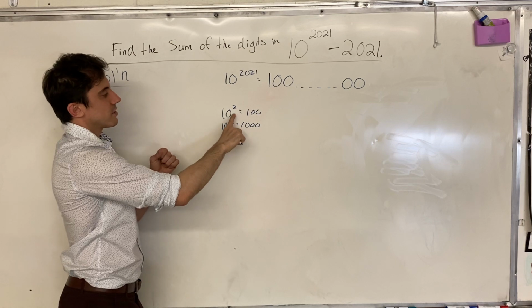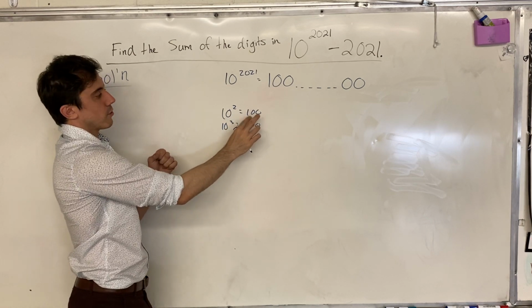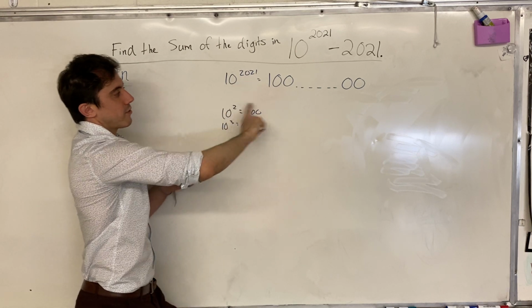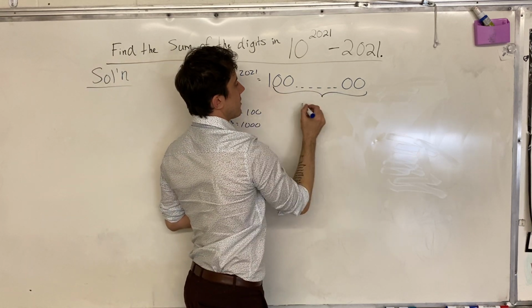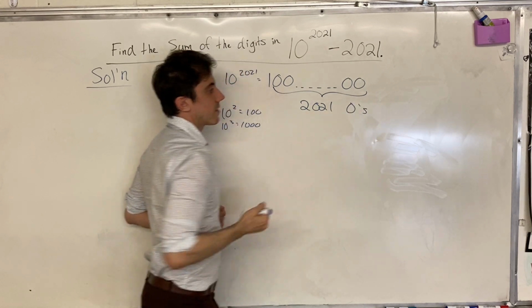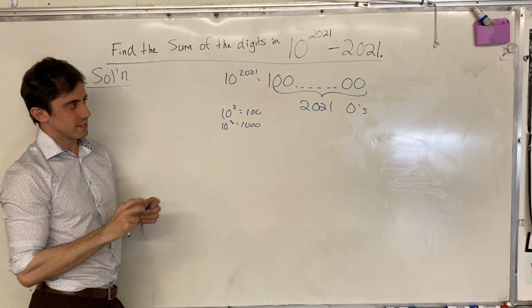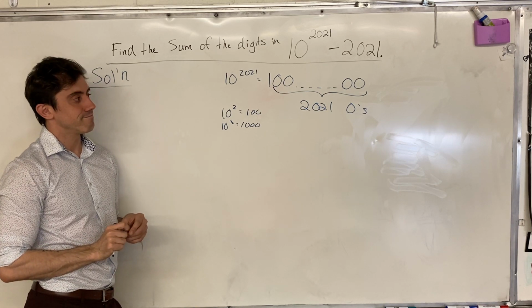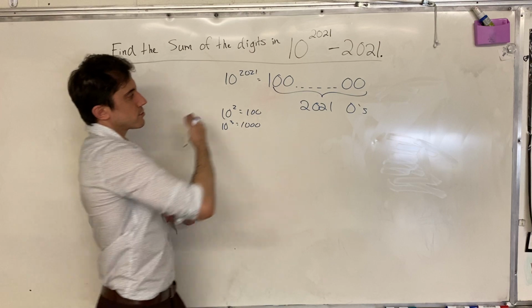So the exponent on the 10 is simply the number of zeros that follow the 1. Likewise, 10 to the 2021 is 1 followed by 2021 zeros, right? I'm going to write it with separators to really clearly demonstrate what I'm trying to show. So here's where we start off.